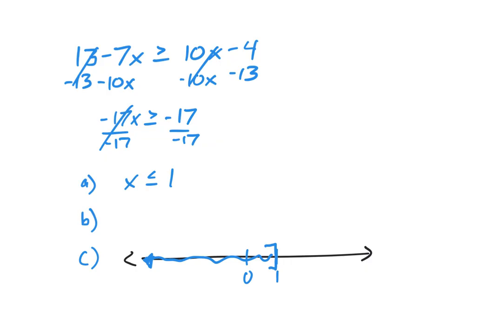And once again, it's moving to the left forever. And I'm going to move to the left until I get to 1, and at 1, I'm going to put a bracket. So that's why I think graphing it, then I can just take what I put onto my number line and use it to write my interval notation. I think it makes it a lot simpler.